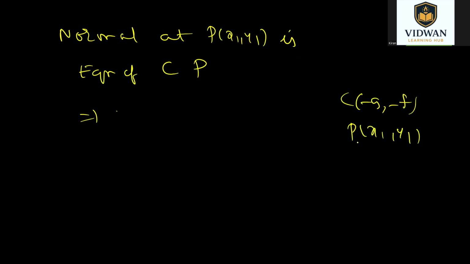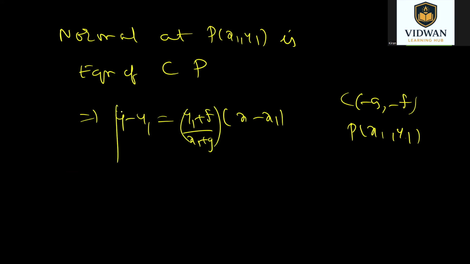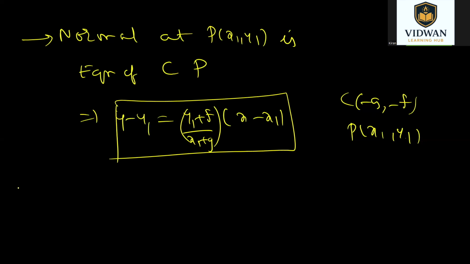For these two, just apply 2-point form. Then you get y minus y1 equal to x minus x1 into the slope, which is the difference in y coordinates, y1 plus f, by the difference in x coordinates, x1 plus g. This is how you can write down the normal in general, for the circle with center (minus g, minus f).